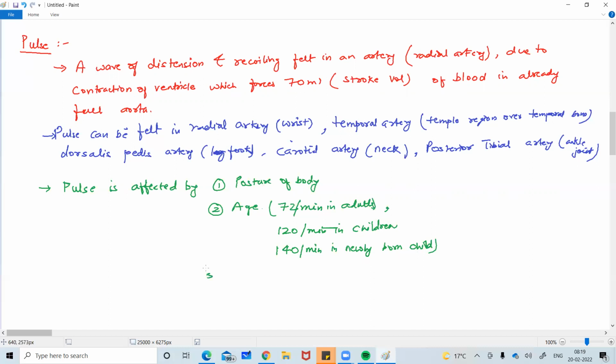Then the third factor which controls pulse is sex. Pulse in female is actually faster with respect to the male. So you can say pulse in female is faster than male. Then last is emotions.